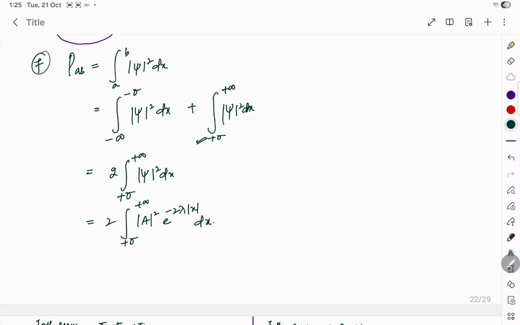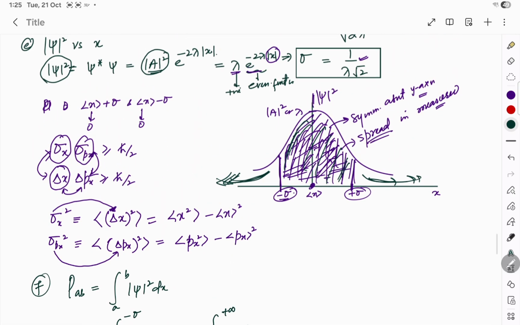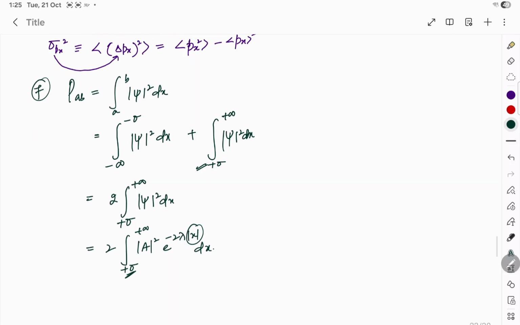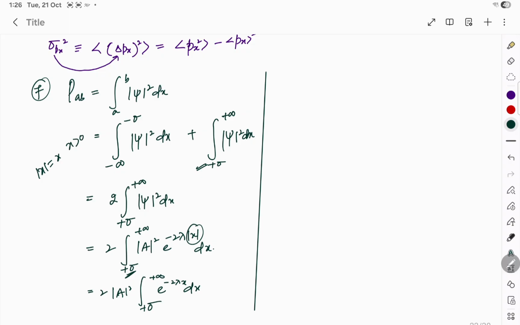Is that okay? Since we are calculating in the right region, from plus sigma to plus infinity, mod of x would be x there. So we can write it as 2 mod A square times the integral from plus sigma to plus infinity of e to the power minus 2 lambda x dx, because for positive values mod of x equals x, for x greater than 0.